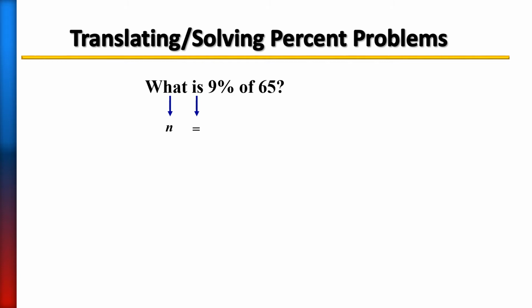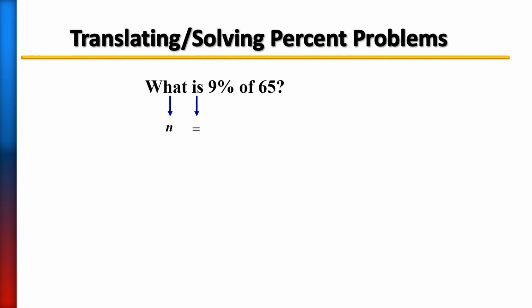9%, let's go ahead and write that as a decimal. Anytime you see a percent, it's best to write it as a decimal. It's a lot easier to calculate. That would be moving the decimal 2 places to the left. Recall, when we want to turn it to a decimal, it's to the left.